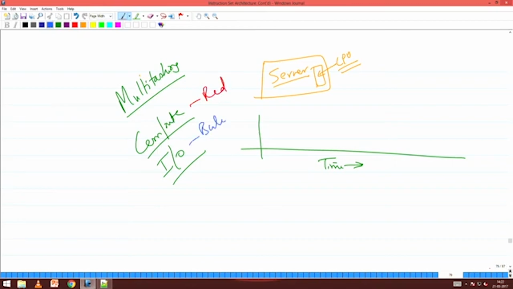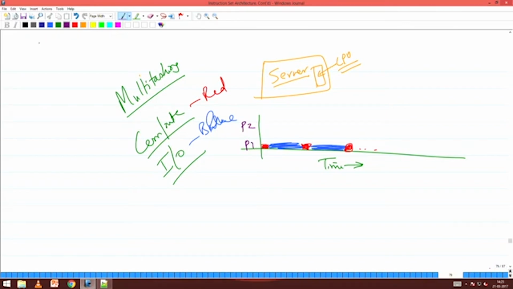I will start with a bit of red, then a lot of blue, then again a bit of red, then again a lot of blue, then a bit of red, and so on. Let me say that this is P1. Now we will do P2.